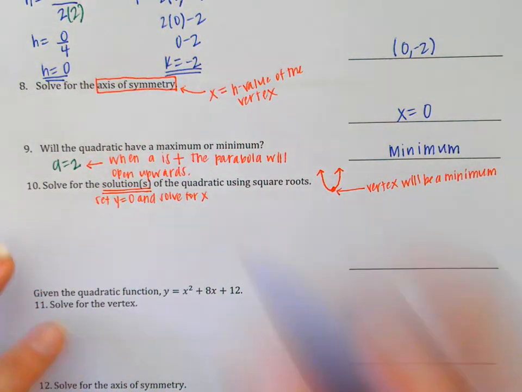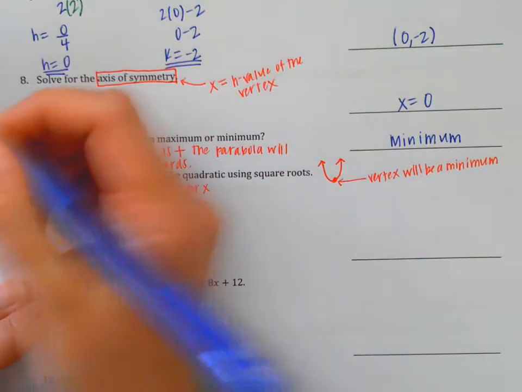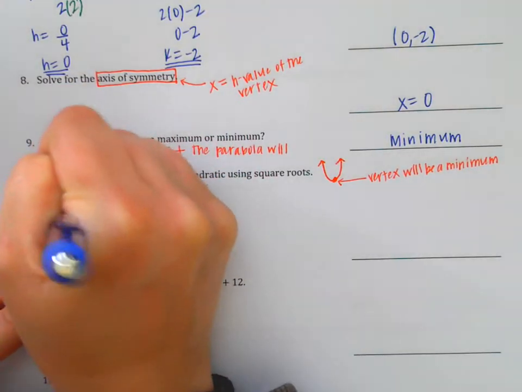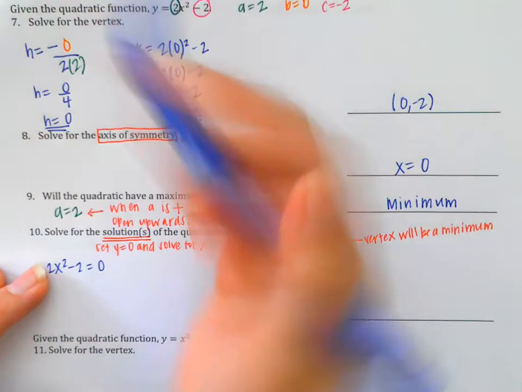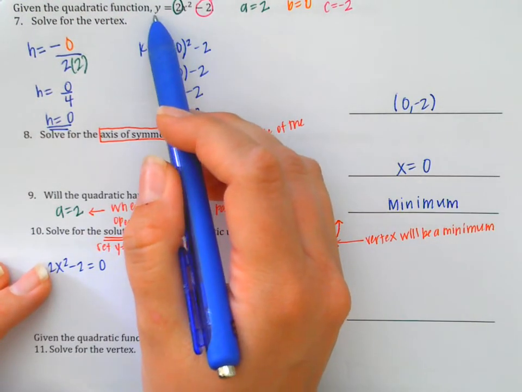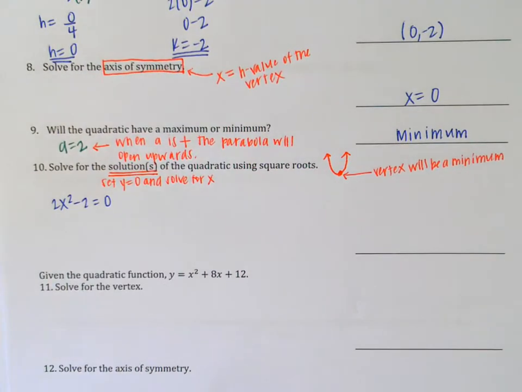So that's exactly what we're going to do. We're going to take our equation 2x squared minus 2. We're going to set it equal to 0 because we're going to plug in 0 for y. And now we're going to solve using square roots. So I gave you the hint there of what method to use.